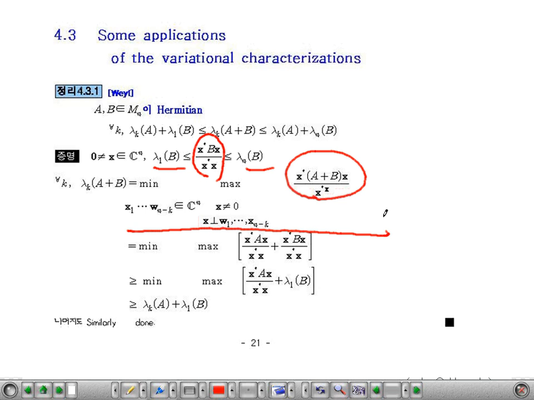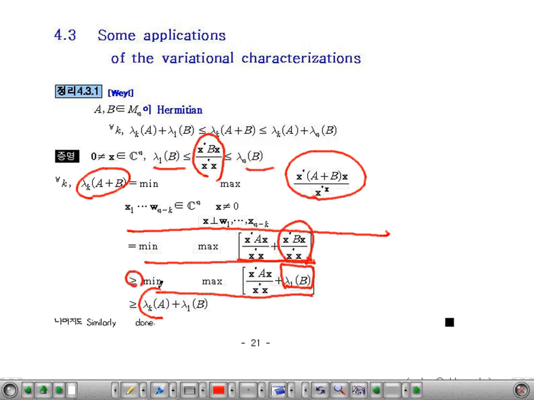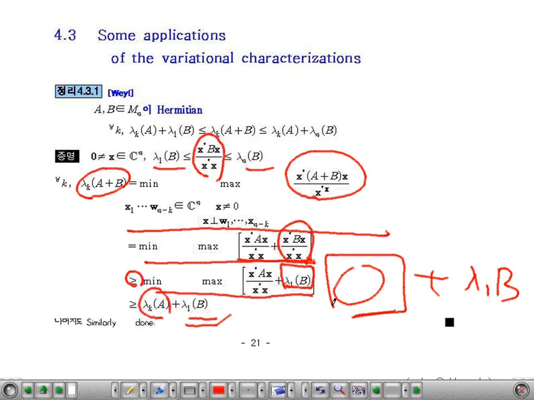From the Courant-Fischer theorem, we know the k-th eigenvalue of A plus B can be written in this way. We can divide it in this way, but we know this one is always bigger than or equal to this very smallest one. If you replace it, always. Then we divide it, and we can have lambda 1 of B. This is the definition of the k-th eigenvalue of A. So we have that.